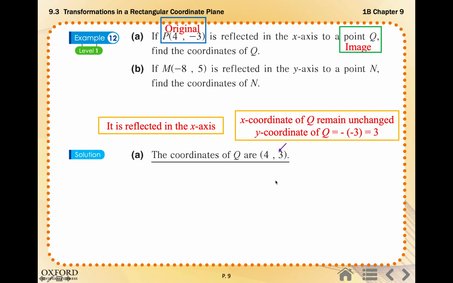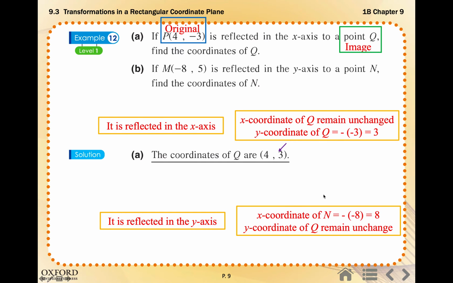And next, when you look at part B, M is another point, and it's reflected in the y-axis in this case. If it is reflected in the y-axis, the x-coordinate should be changed. And how it changes is that it becomes the negative of the x-coordinate of the original point, which is negative 8, because the x-coordinate of M is negative 8.